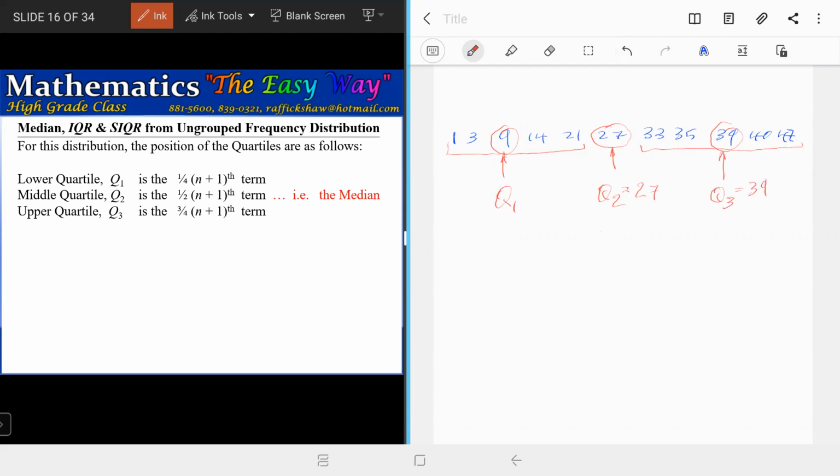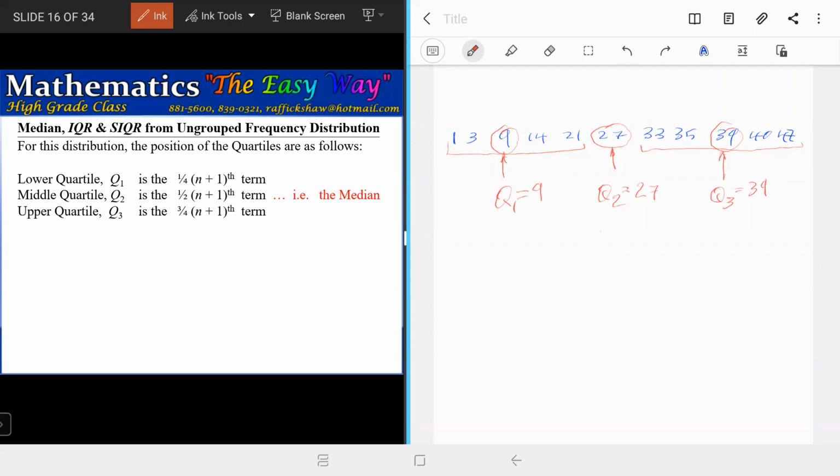Q1 is 9. That's how we find them using the position method: divide it in half, and the midpoint of the top half is Q3, and the midpoint of the bottom half is Q1. That's how we do it by observation.